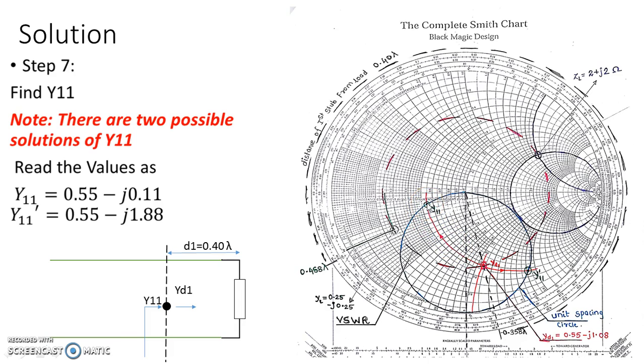Here, the intersection reactive value is j0.11, whereas at Y11 dash, the reactive value is 1.88. Wherever they intersect, read the values of Y11 and Y11 dash. So now I am going to get two solutions, one for Y11 and a second for Y11 dash.